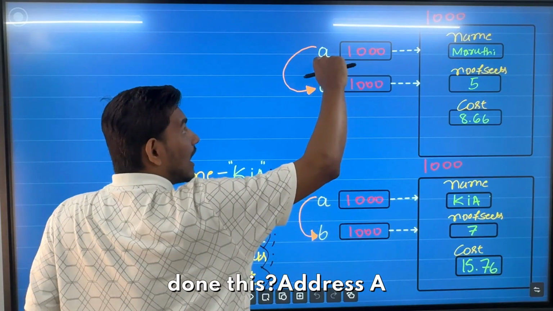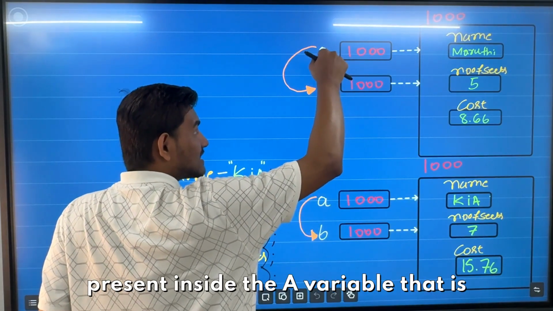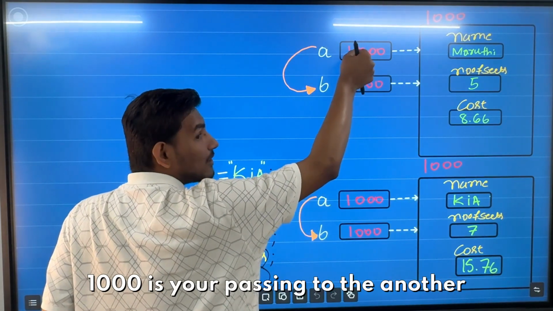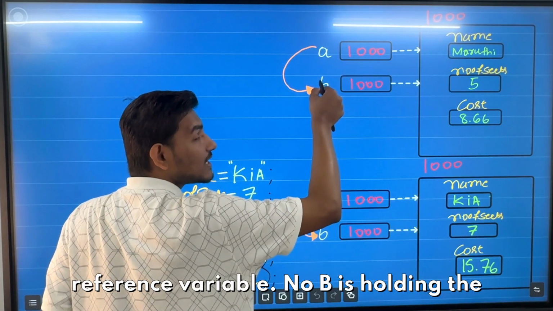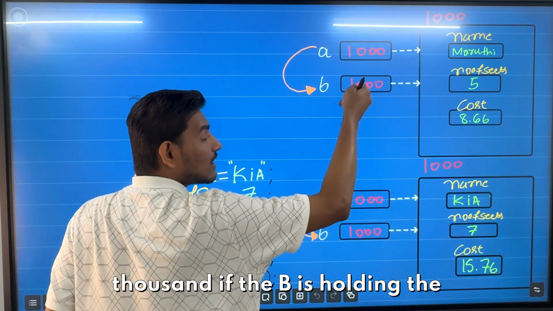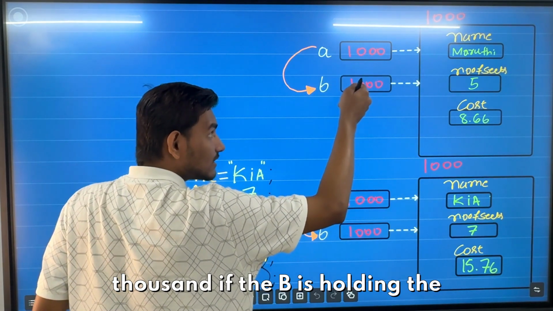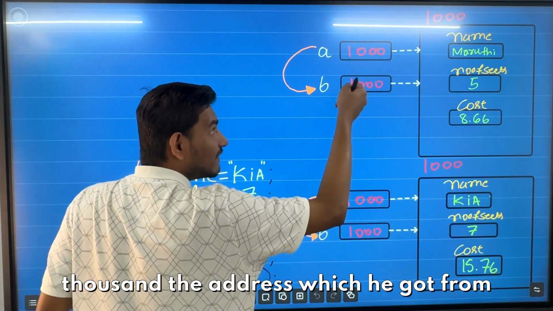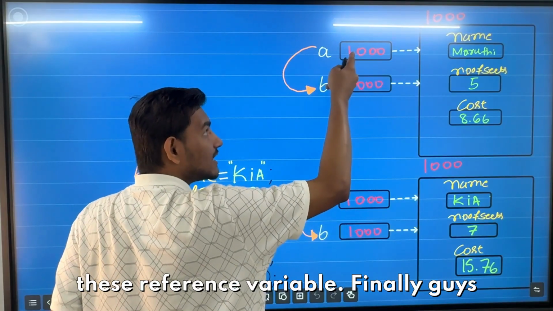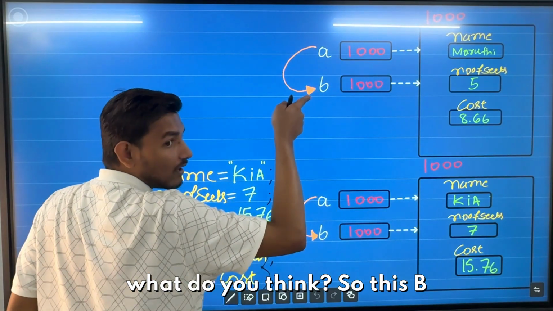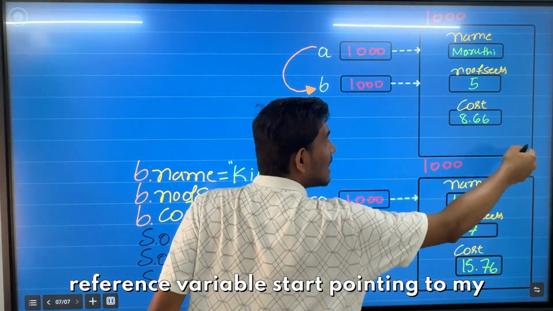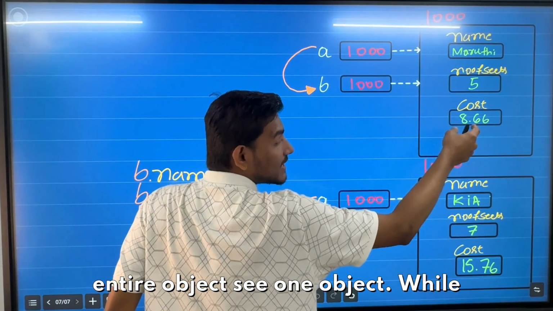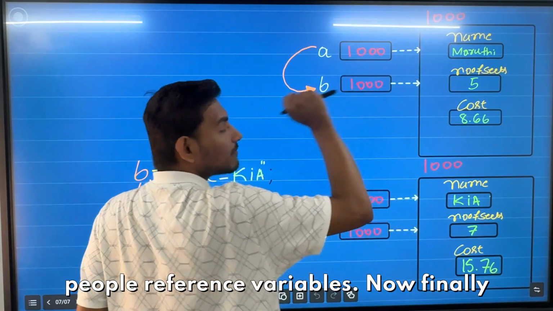This address present inside the A variable, that is 1,000, you are passing to B, another reference variable. Now B is holding the 1,000. If B is holding the address which it got from the A reference variable, then this B reference variable starts pointing to my entire object. One object, multiple reference variables.